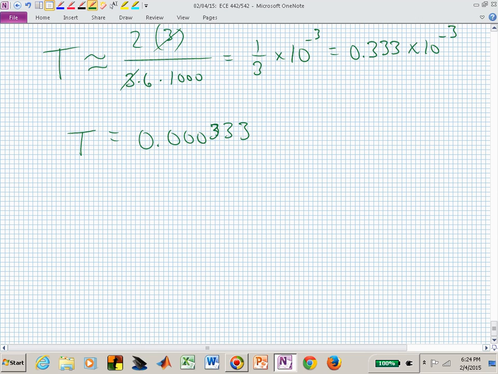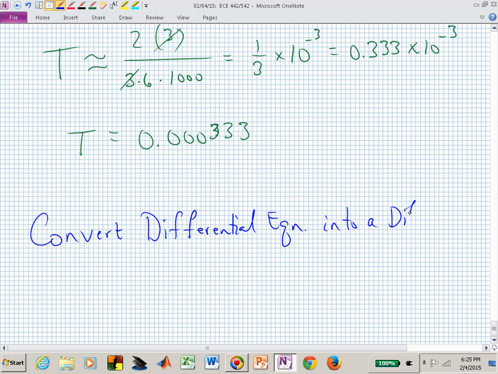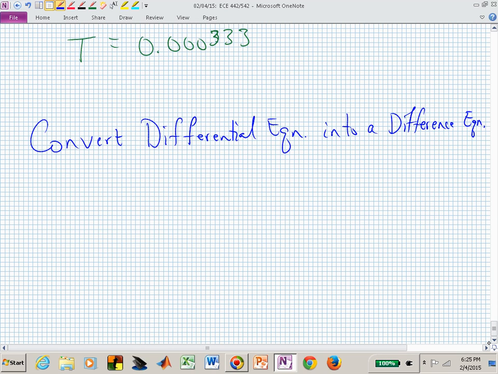What we want to do now is convert that first order differential equation into a first order difference equation. And our differential equation was tau v naught prime of t plus v naught of t equaling v sub I of t.